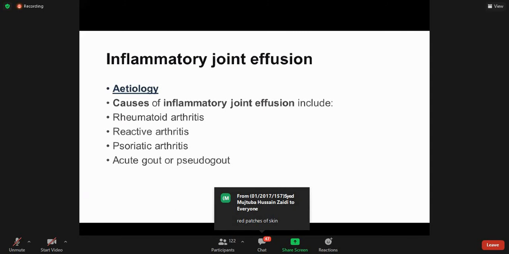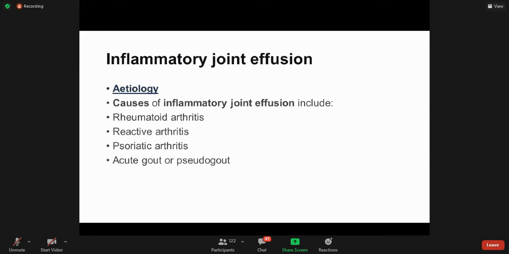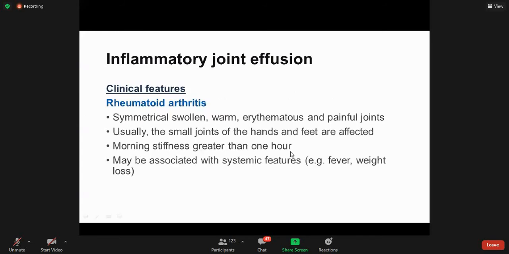It's a dermatological condition. Basically, the patient will go to the dermatologist, but he will also be having symptoms of the joints. You should know what is psoriasis. Then acute gout or pseudo gout. I hope everybody is aware of this condition. So what is gout? Yes or no?